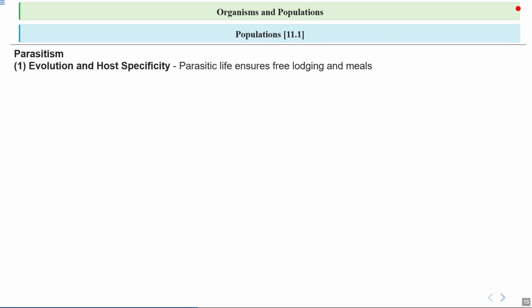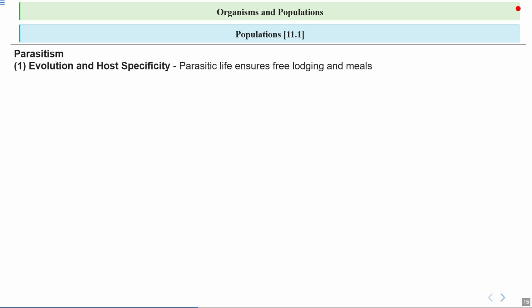Now let's first talk about the evolution and host specificity in parasitism. Parasite life is all about getting free lodging and meals from the host. So it is dependent on the host. It is absorbing nutrients from the host.